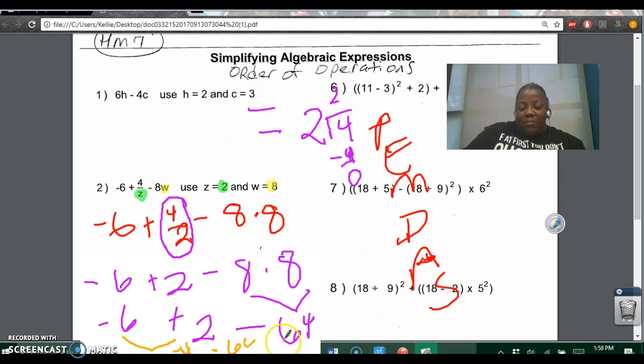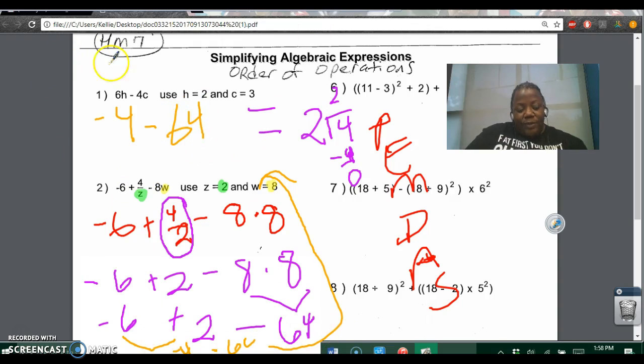Okay, I'm running out of room down here, so I'm just going to kind of bring it up. I know this looks sloppy. Just a continuation of what I have from down here. You can use your calculator, and what you should get is -68 as your answer.